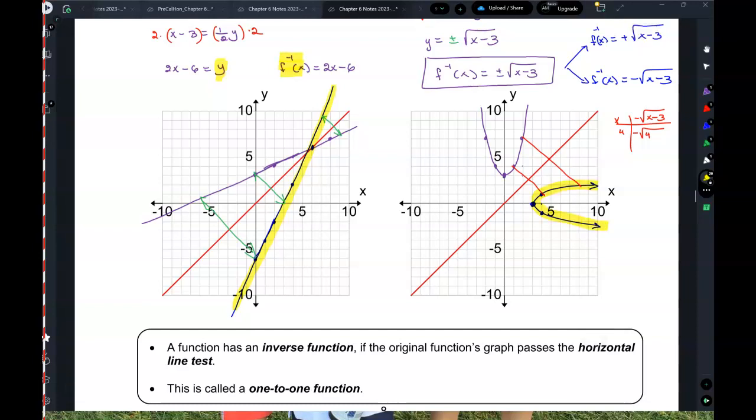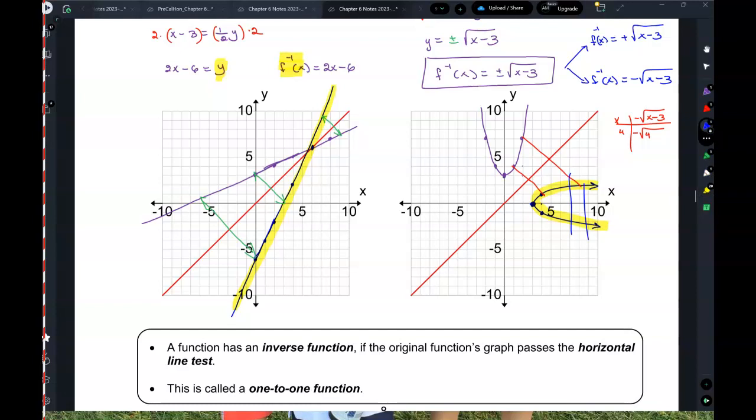This does not pass the vertical line test. This is not a function. That means here we had this parabola, cute little function, but its inverse is not a function, because it does not pass the vertical line test.